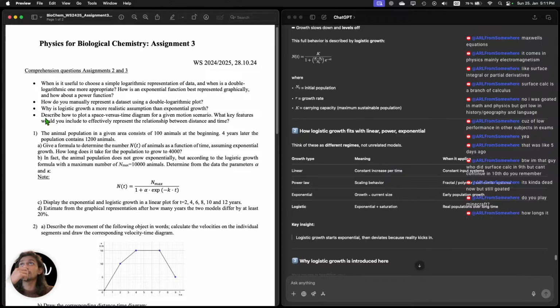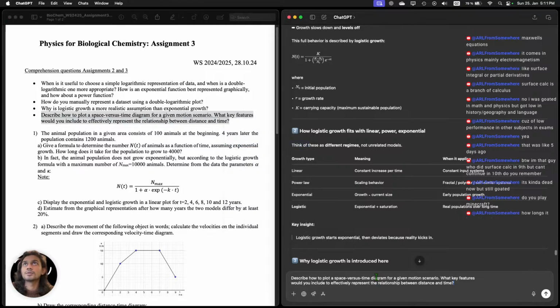That's the answer. Okay, describe how to plot a space-time diagram for a given motion scenario. What key features would you include to effectively represent the relationship between distance and time? If it's a constant velocity, it's a linear graph.